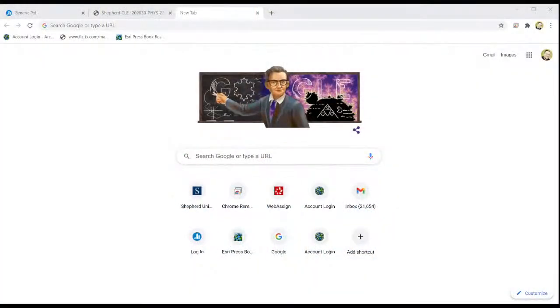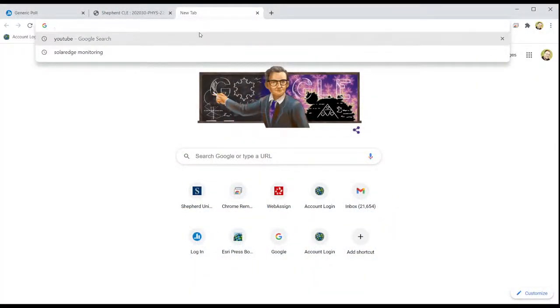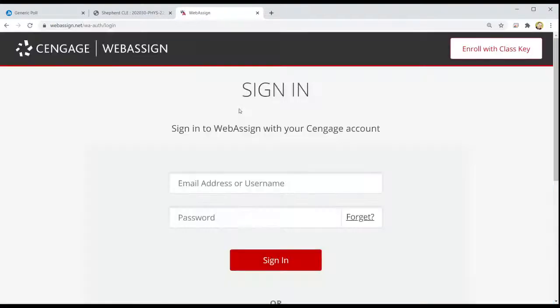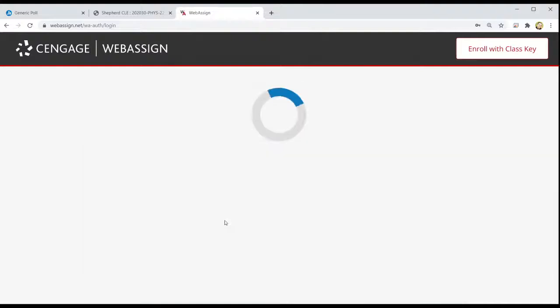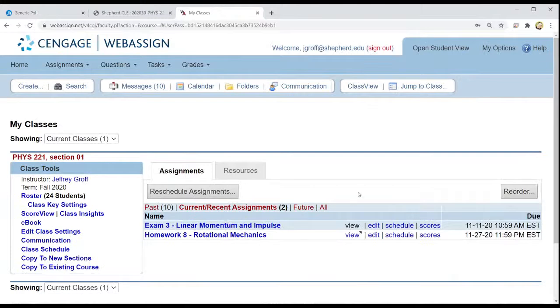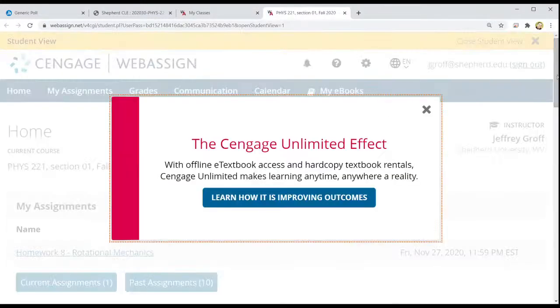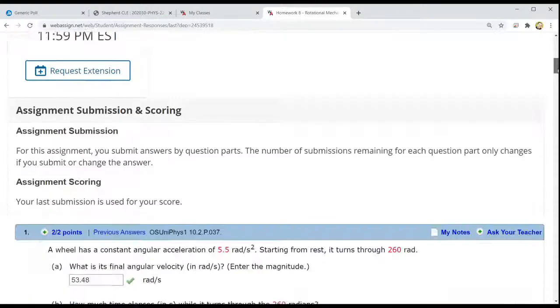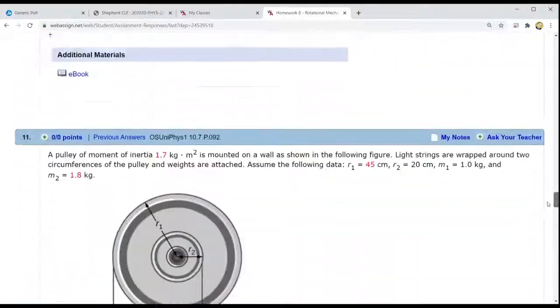So let's take a look at the homework, which isn't due until next Friday now. I want to show you this last problem.